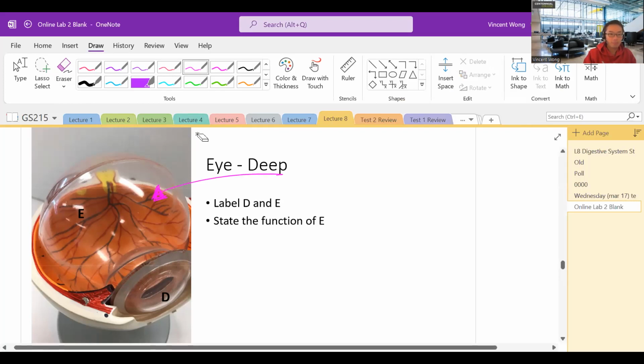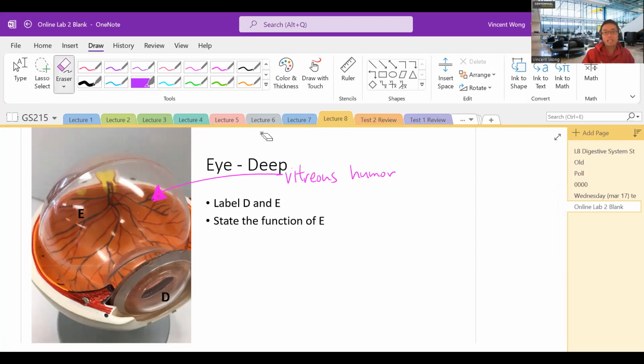So this ball is the vitreous humor. That's the gel-like substance at the back of the eye to reinforce the shape of the eyeball. That's also the stuff that if there's too much pressure in it, it's going to press on your optic nerve and damage it, right? D here at the front, that is the lens.